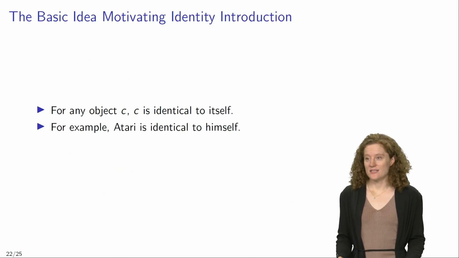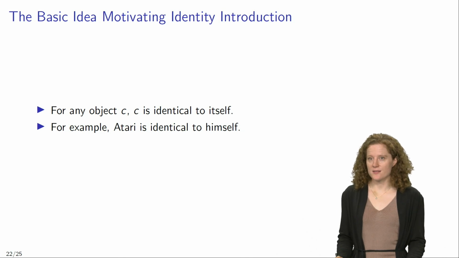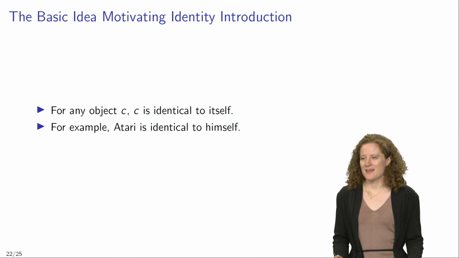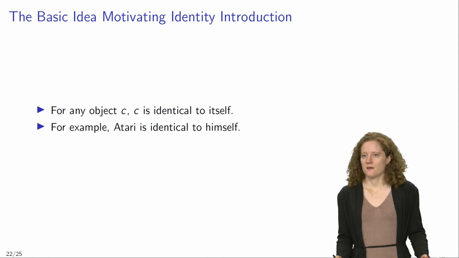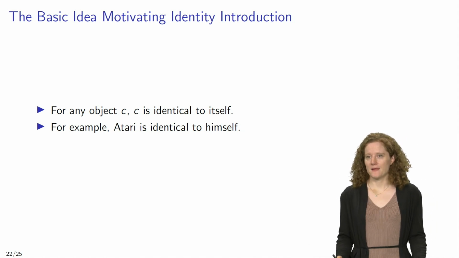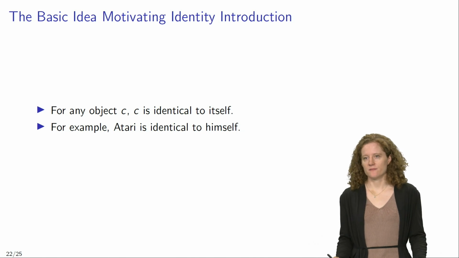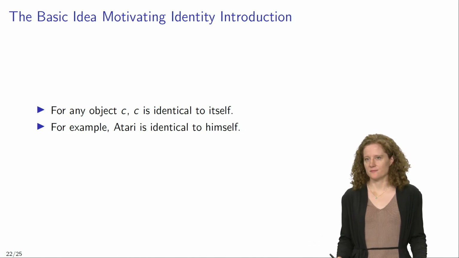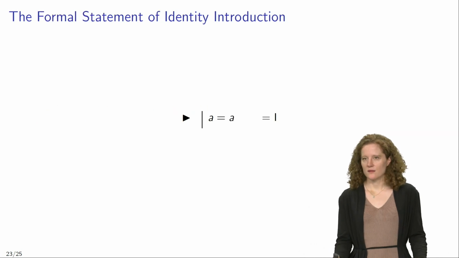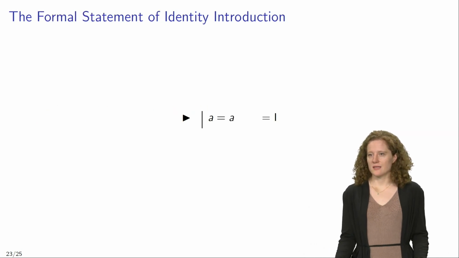Now, identity introduction is an incredibly easy rule of inference. The basic idea motivating this rule is as follows. For any object C, C is identical to itself. So for example, Atari is identical to himself. Formally, the rule looks like this.